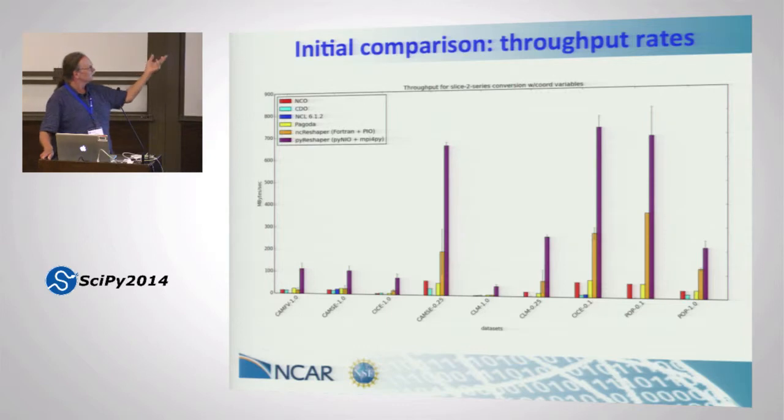And the NC Reshaper, which was Fortran and used parallel I/O output, was kind of the second best.